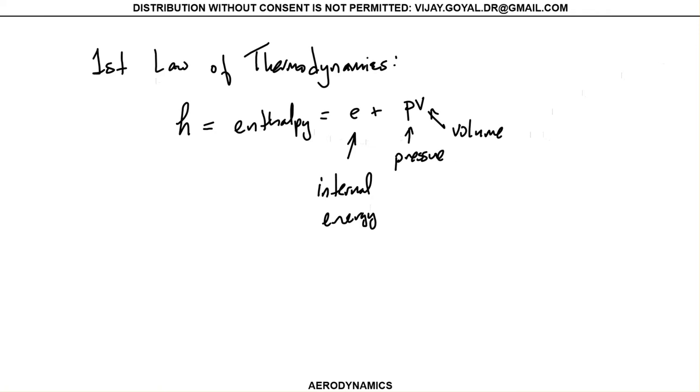So let's go ahead and derive these equations and see what they actually look like. The first law of thermodynamics says that my change in energy is going to equal my change in the work done plus my change in the heat added.